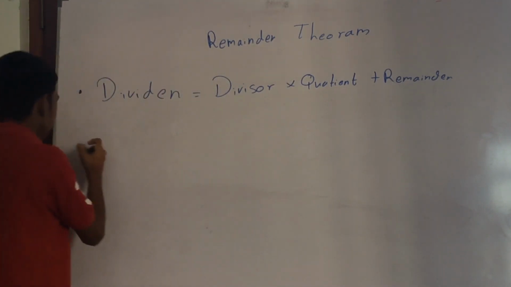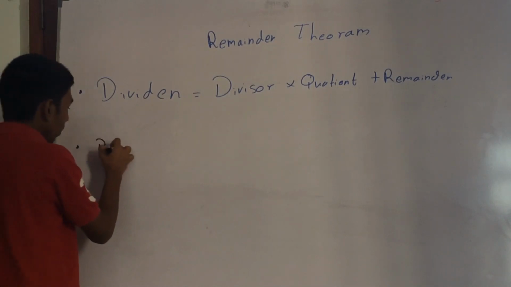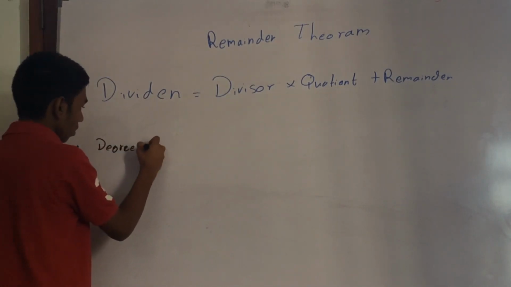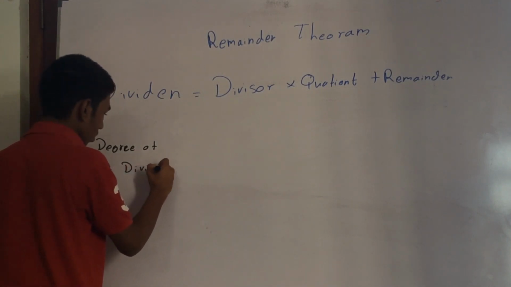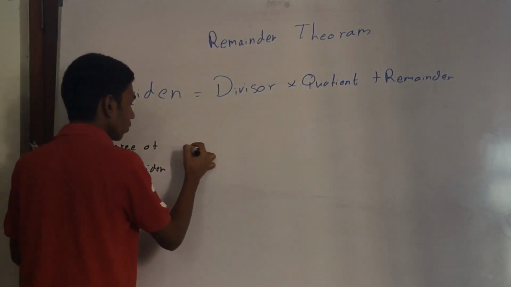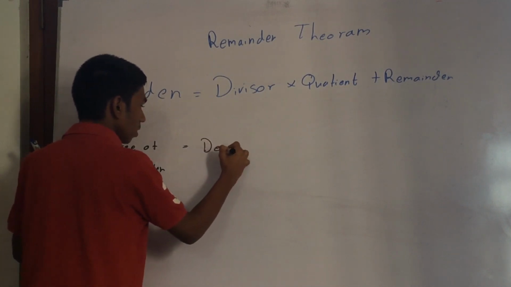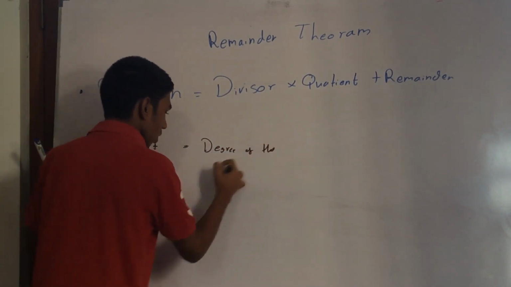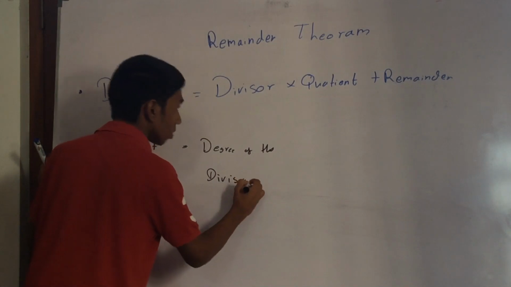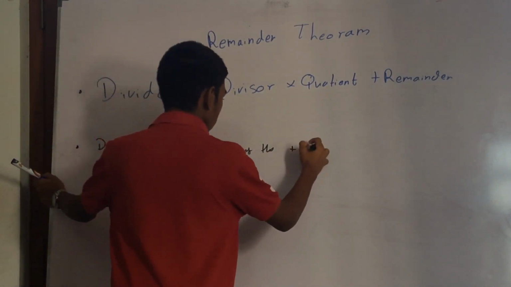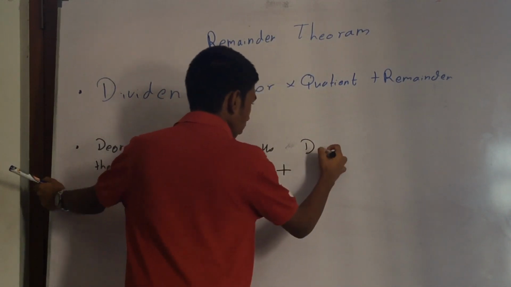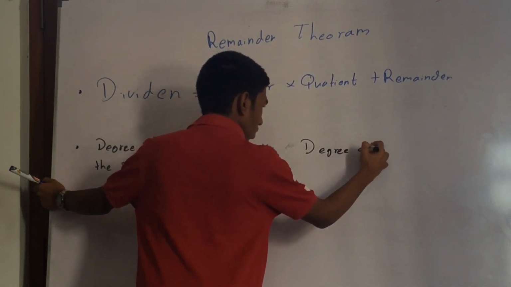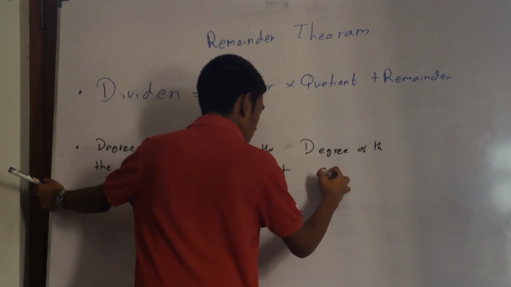And the other theorem is that the degree of the dividend is equal to the degree of the divisor plus the degree of the quotient.